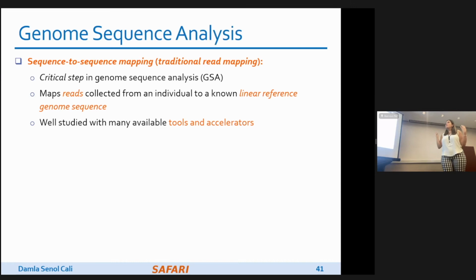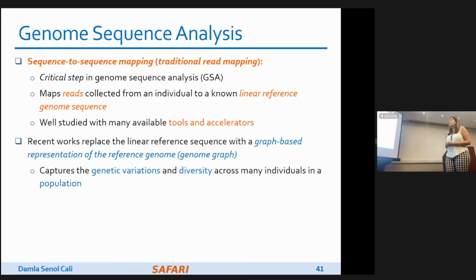So as we said, read mapping, or in this paper it's called sequence mapping, and you will understand why, is a critical step. But we are using a linear representation of the reference genome. So it's just one genome you can take. But as we are talking about variations, that single reference genome cannot represent all the variations that we know, let's say for human.